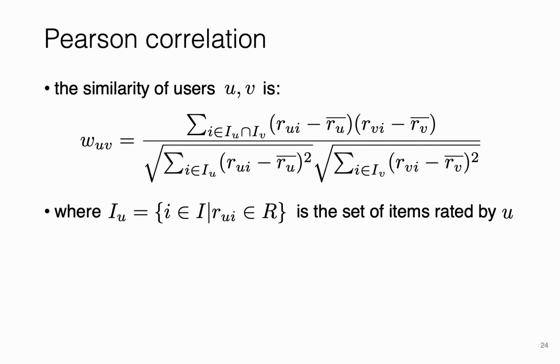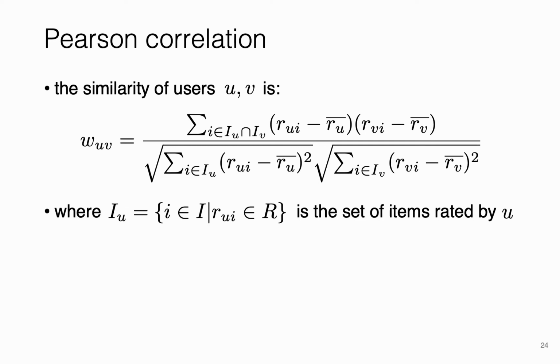If both users agree with negative deviation, say -2 stars, then again the product is a positive number, 4. Now if the two users disagree, one says +2, the other says -2, the product becomes negative, -4. If we sum up all these products, we get a measure of agreement or disagreement between the users.